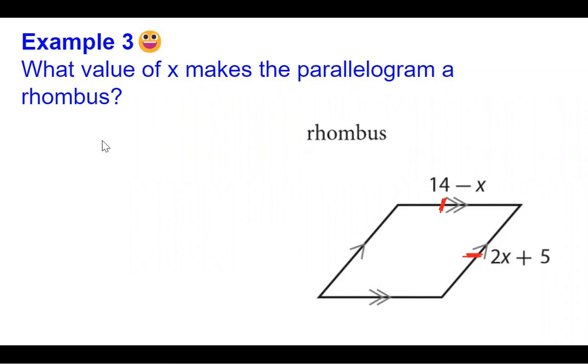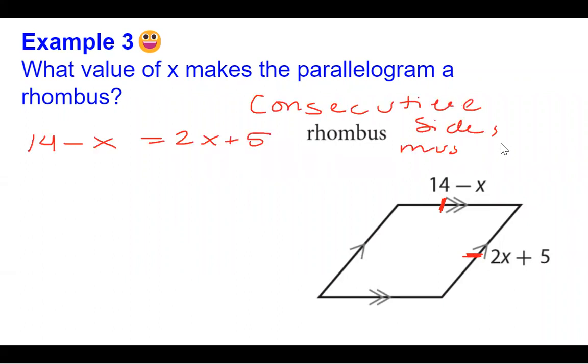So therefore, let's go ahead and see what the value of X has to be. So 14 minus X equals 2X plus 5. Consecutive sides must be congruent. So let's go ahead and solve. What would be my first step?